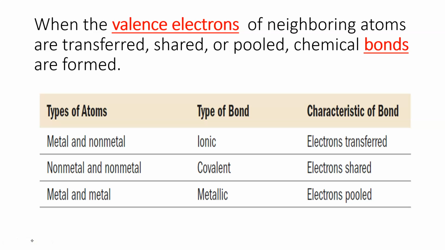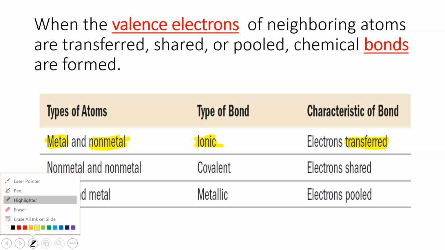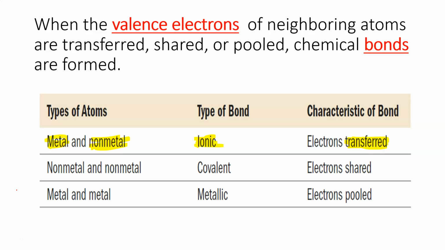So when we have a metal and a nonmetal, that's an ionic bond, which means that the electrons are transferred from one to the other. I want you to also make sure that you take note that even though we say that it's normally a metal and a nonmetal, it could also be a polyatomic ion.